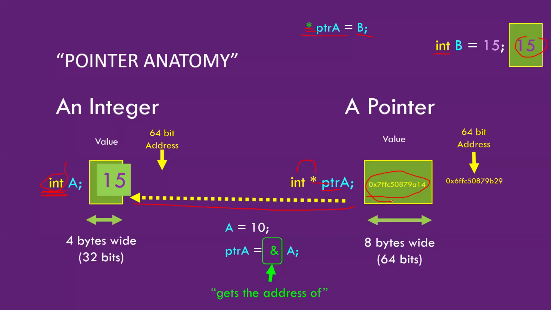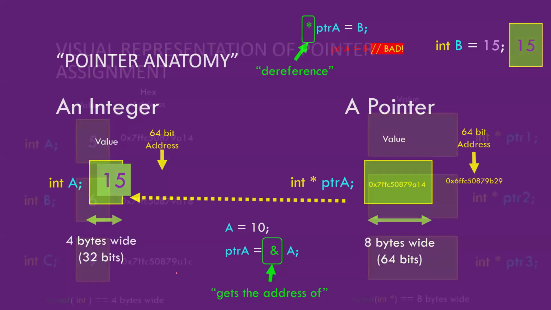Modern programming languages try to stop you from doing that unless you really, really want to do it. For the most part, we won't try to go that direction. Okay. So that's our dereference operator for storing things over there. And it's not going to let us just put an integer in PTRA, right? It's just not the same type. So we're not going to be allowed to do that.